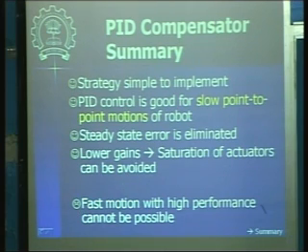Now the problem with this is that fast motion with very high performance is not possible, because we are not doing anything about these nonlinearities, or the disturbance D term. We are just taking care of that term by using these PID control gains. Because of that term, there is always going to be a slow response.